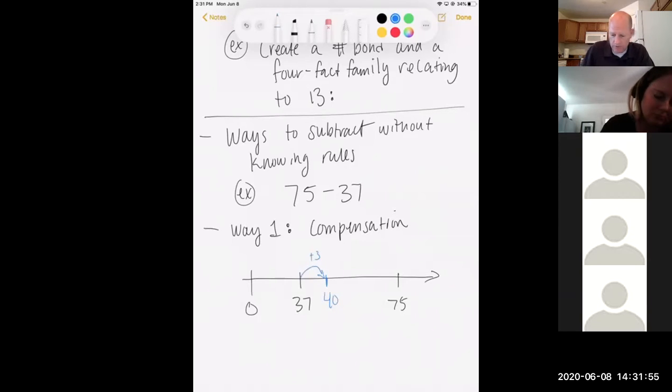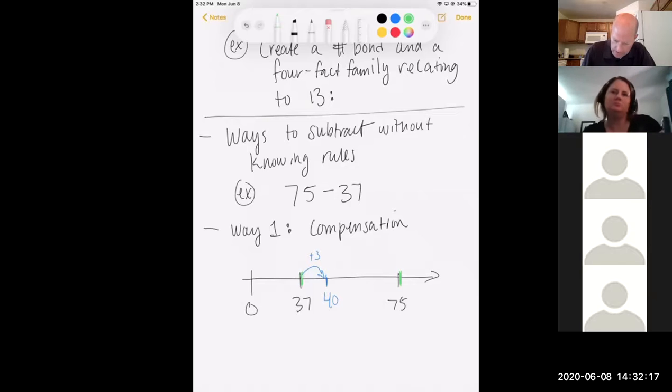Now the difference between these two numbers needs to be maintained. This distance right here on the number line between the green tick marks has to be maintained. And if I add 3 to 37, I'm shortening the distance from 37 to the 75. And thus my difference will be different. And if my difference is not the same, then it's not the right answer.